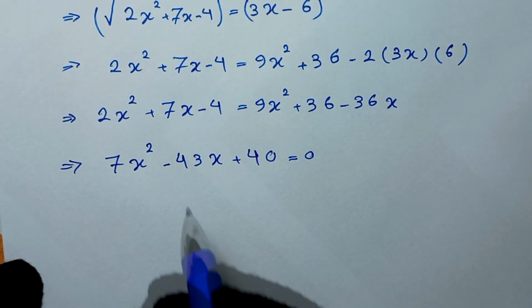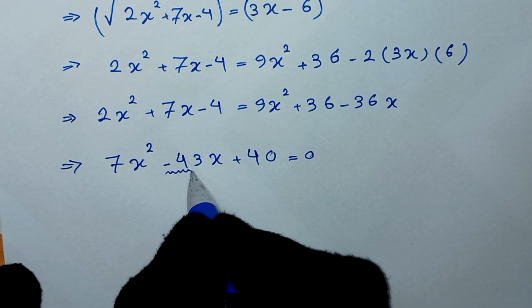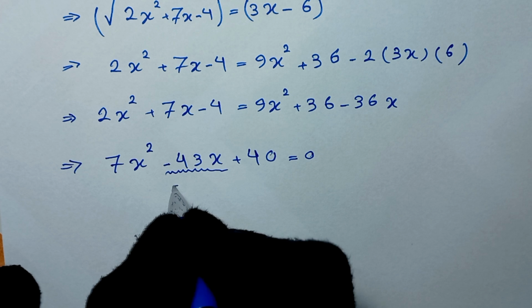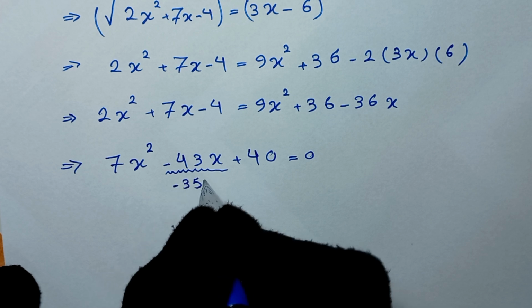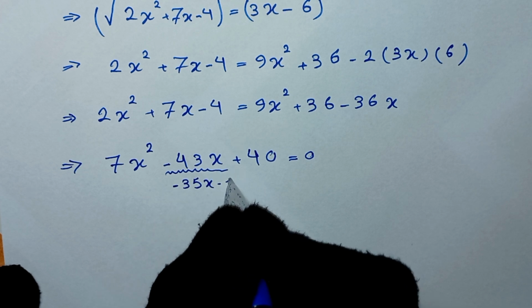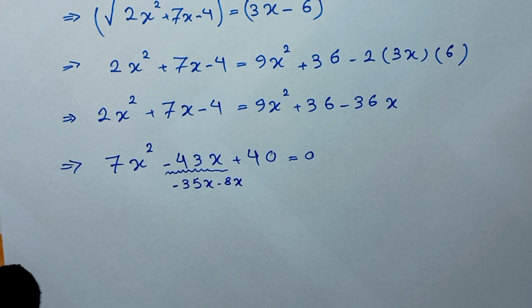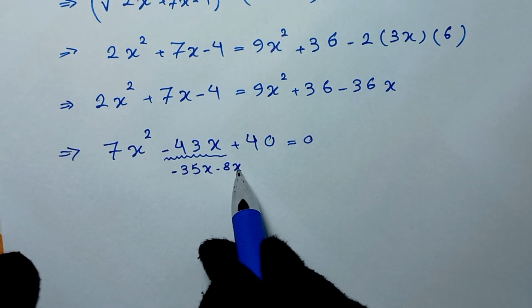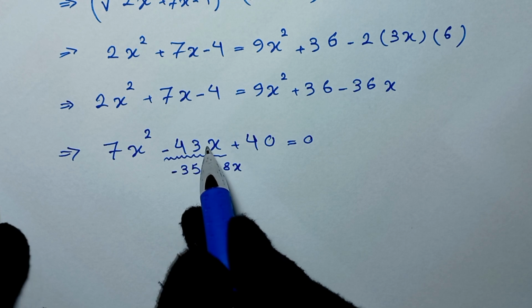And next step, we can write this negative 43x as negative 35x minus 8x, right? Negative 35x minus 8x, it will be negative 43x.